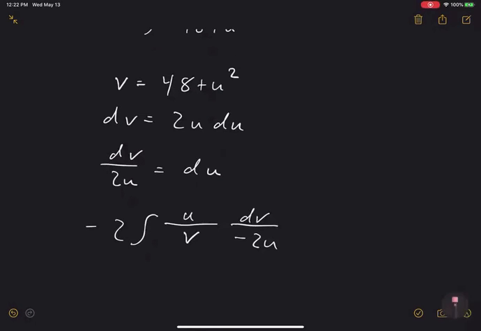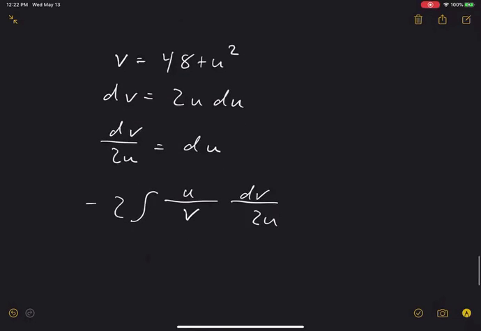There's no negative here. So I end up with negative 2 times the integral of u over v, times dv over 2u.